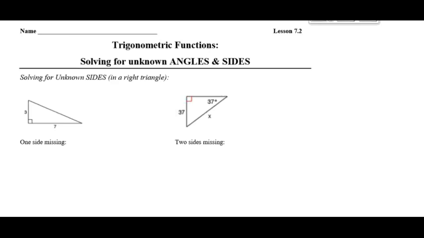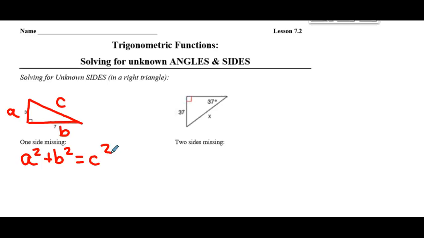So first of all, we are going to solve for unknown side lengths, specifically in a right triangle. For example, when we have one missing side of a right triangle, it's important to remember that we can always use the Pythagorean theorem. With the Pythagorean theorem, we know that our hypotenuse is labeled C. We know that our legs of the right triangle are labeled A and B. Using the Pythagorean theorem, we can state that A squared plus B squared is equal to C squared.